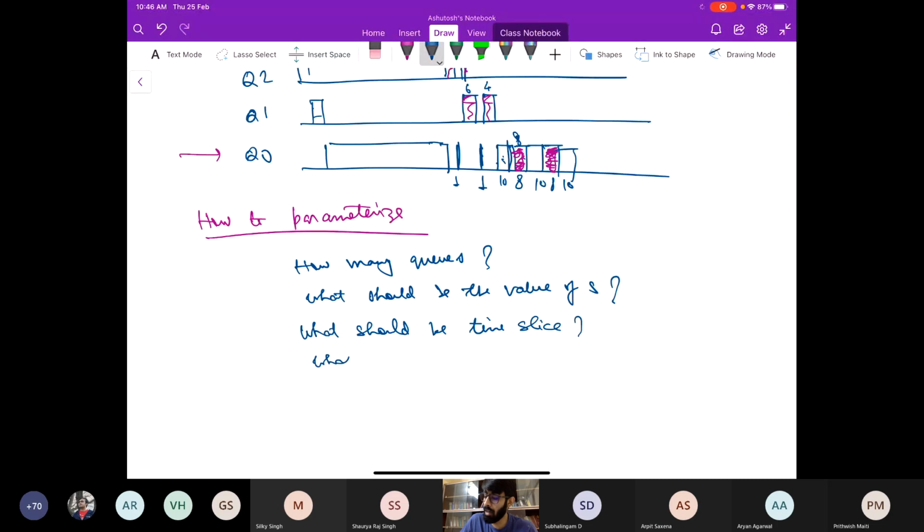What should be the allotted time at each level? These are the main parameters, and again, there is no one answer which fits all.